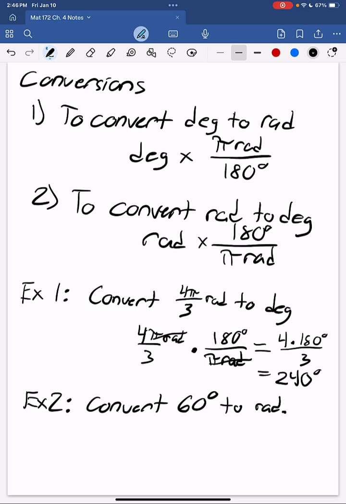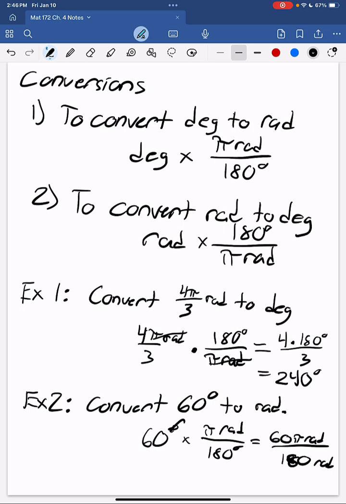Okay, so assuming that you paused the video and now you're going to work this out on your own, I'm just going to go over it. So I have my conversion of 60 degrees times radians over 180 degrees. Here my units of degrees go away. So I have 60 pi radians over 180.